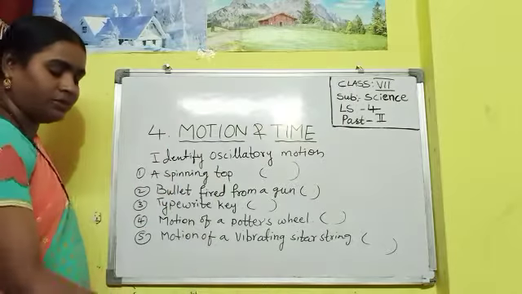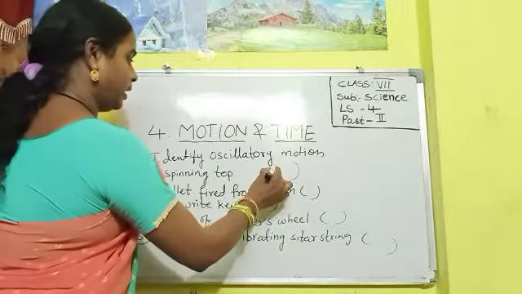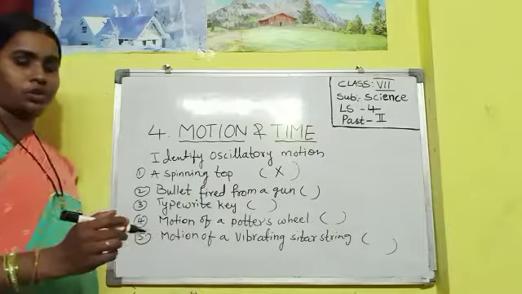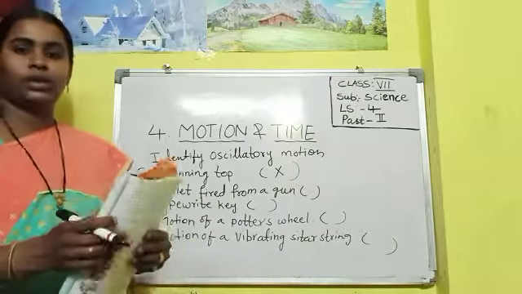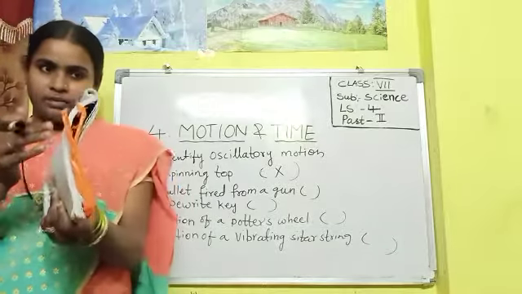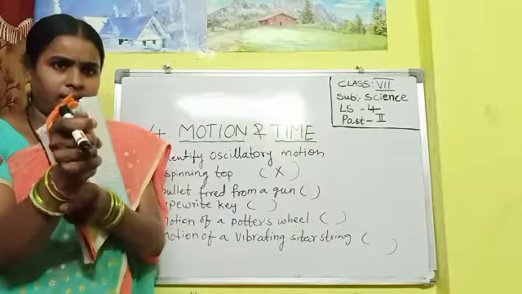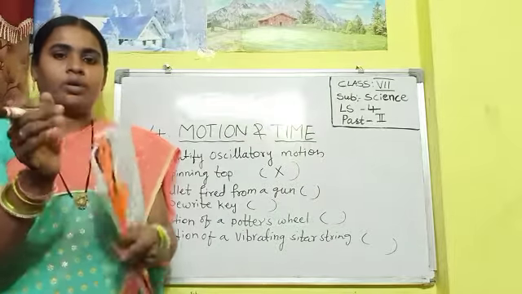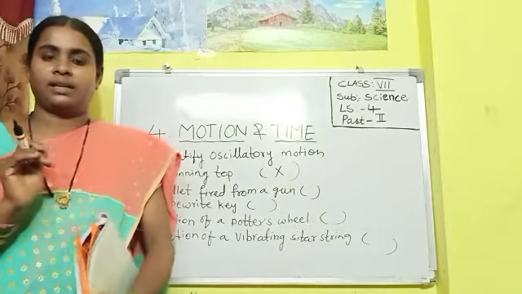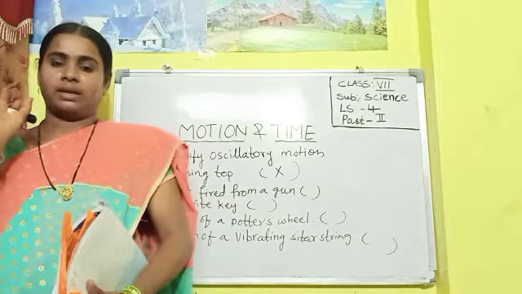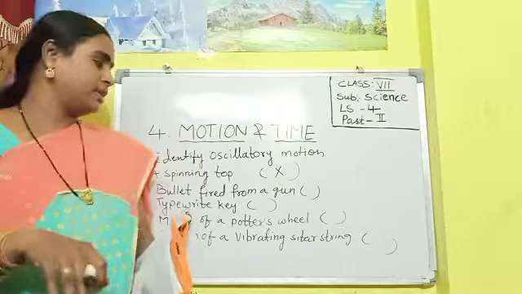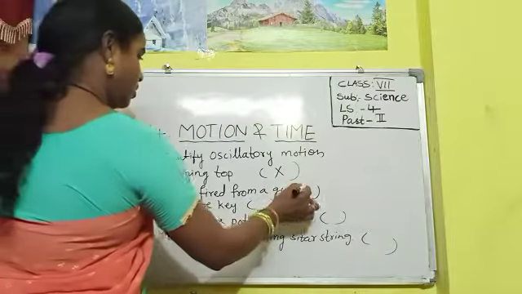The top is moving round, so this is not oscillatory motion. Bullet fired from a gun. When you fire the bullet, the body does not move forward, backward, upward, downward in the same path. So this is also not.